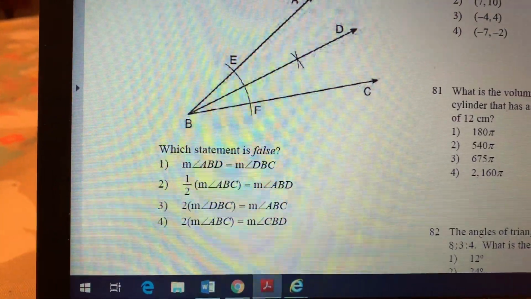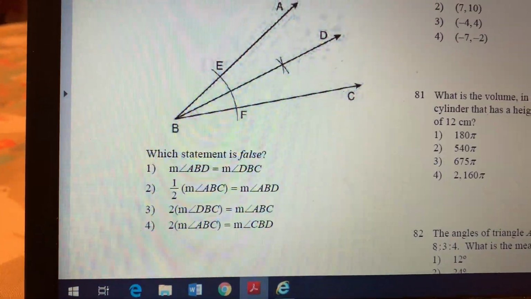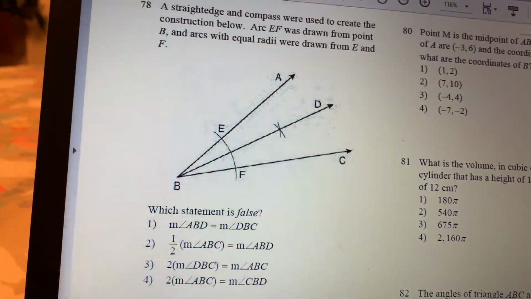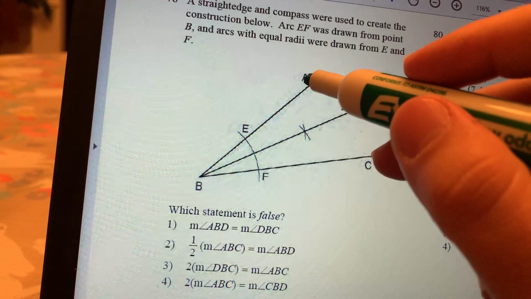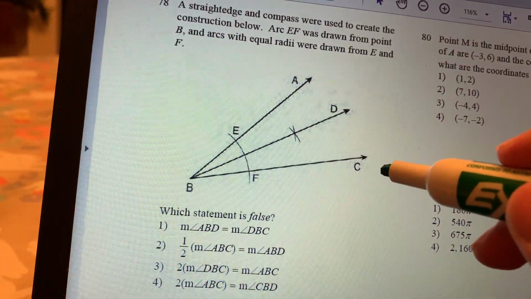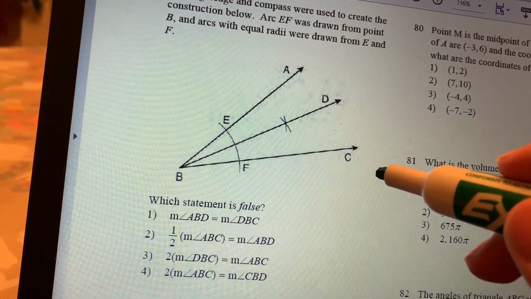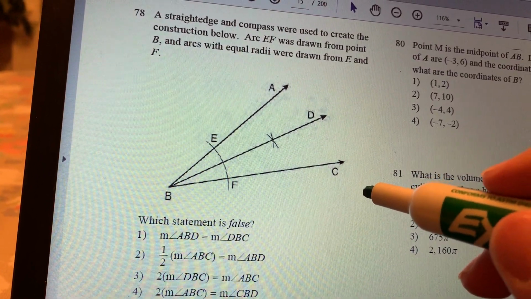Well, now make number 1 true. Number 2, 1/2 of ABC equals ABD. Well, here's ABC, that's the whole thing. So we have to use the angle addition postulate, going back toward the beginning of the year.